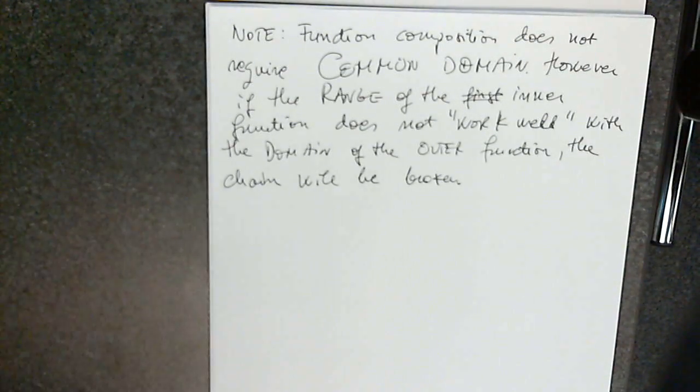So this is the danger. The danger is that the range of the inner function may not work well with the domain of the second function, and you will not be able to continue. It will be broken in the middle.